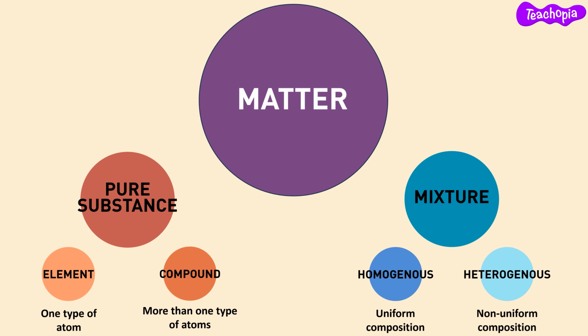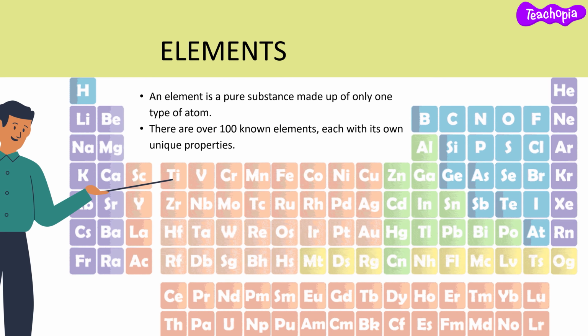Then a material composed of two or more substances is a mixture. A mixture is a physical blend of two or more components, each of which retains its own identity and properties in the mixture.